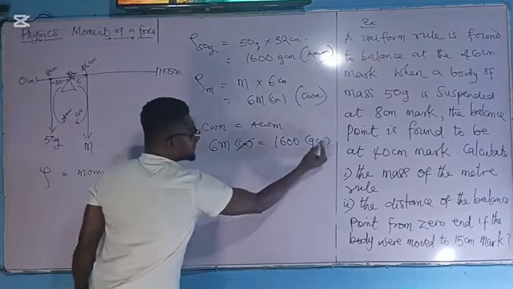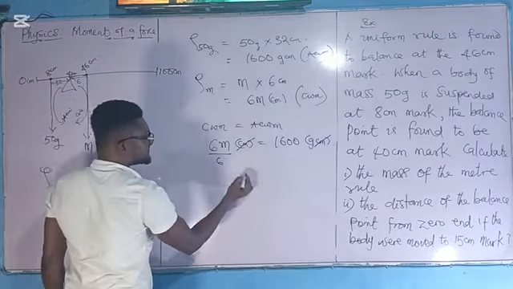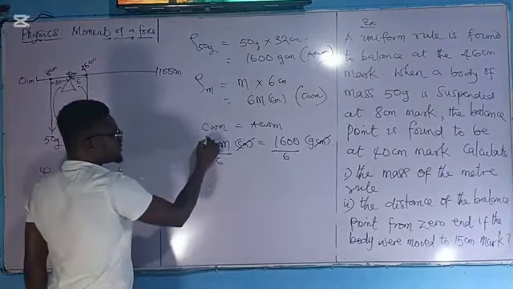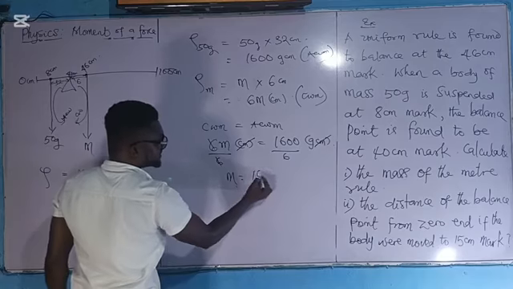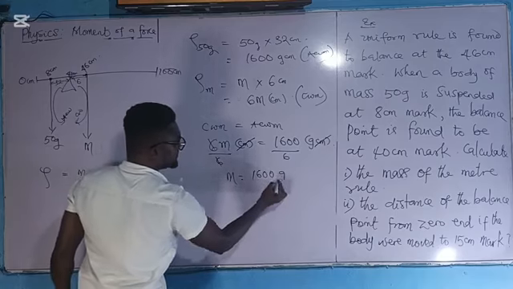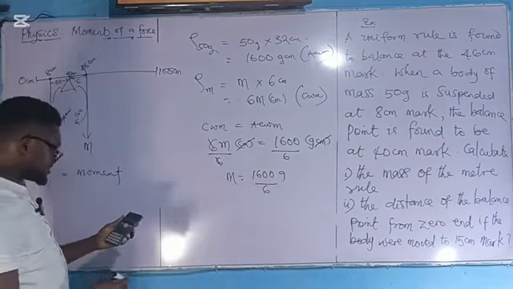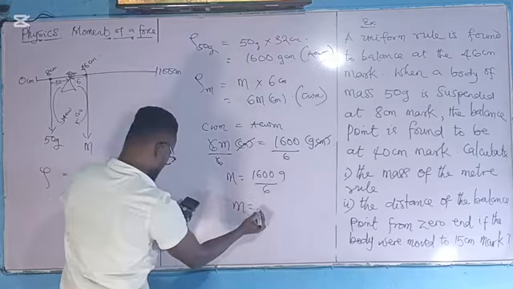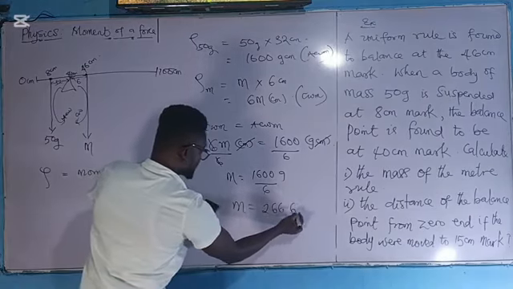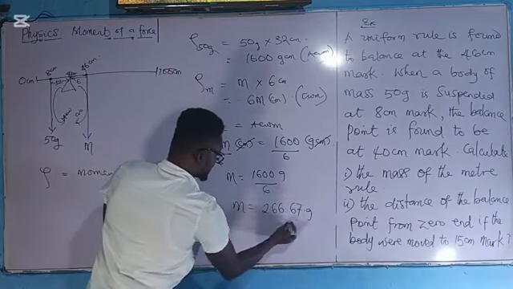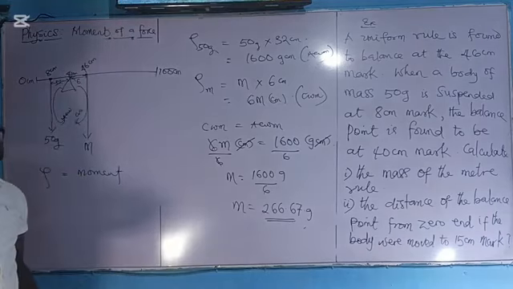Now the centimeter will cancel centimeter. Then you divide both sides by 6. So here you are going to have M equals 1,600 gram divided by 6. If you do that, we are going to get M to be 266.67 gram. So this gives the mass of the body.